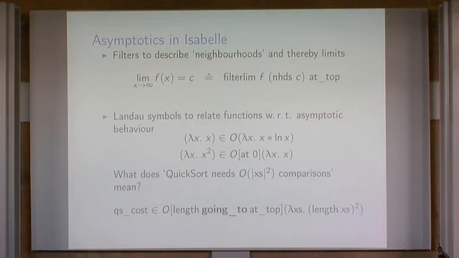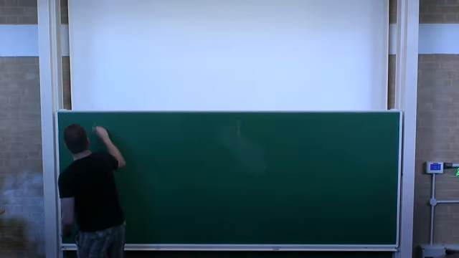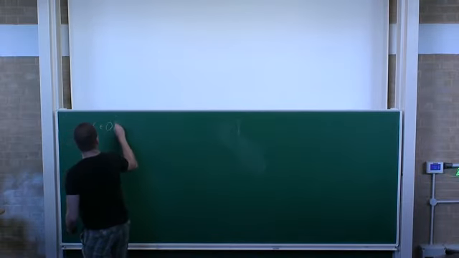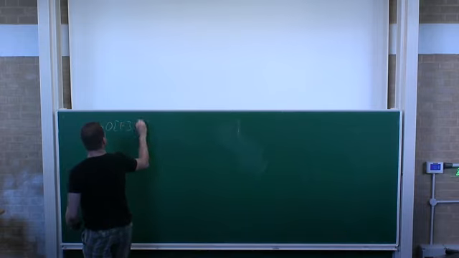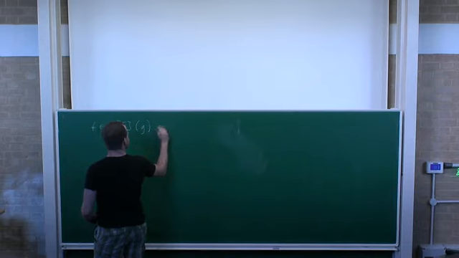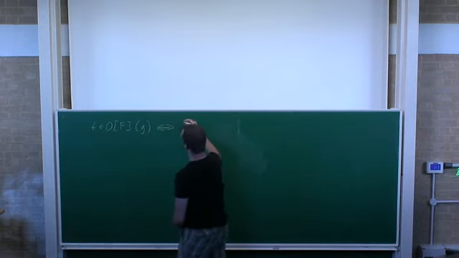So yeah. And the definition of O in Isabelle, you are still giving it, or we are to infer it from this slide. I wasn't going to give it, but maybe I should write it down. So essentially, f is element of big O in filter F of g if and only if, what was it?